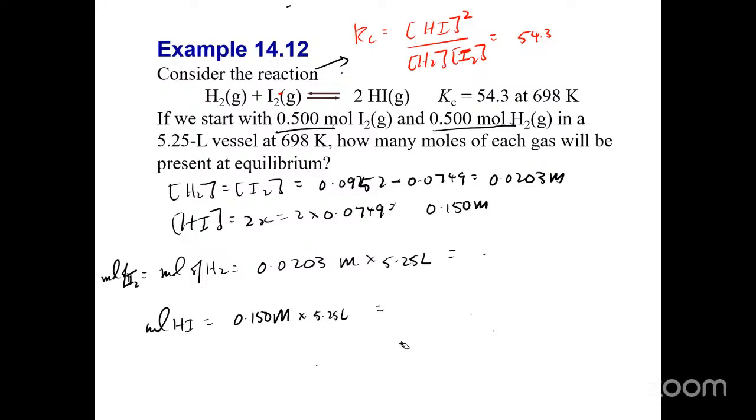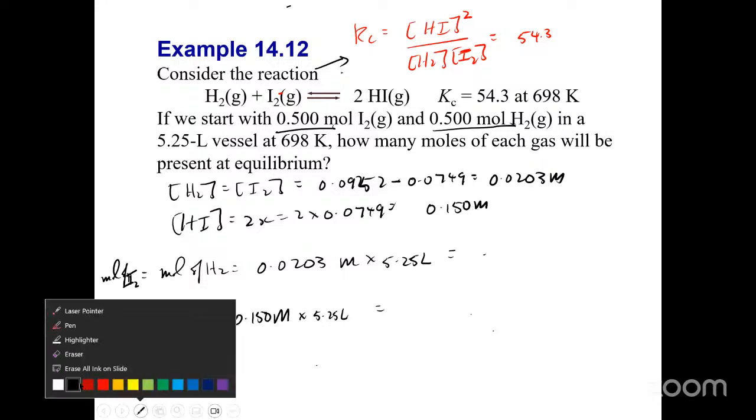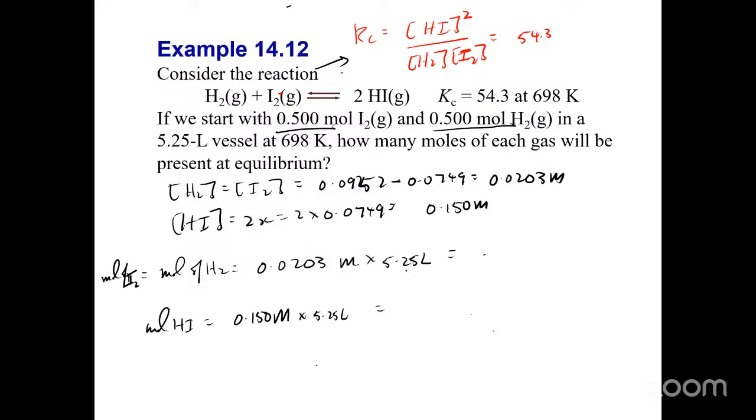Okay, so 0.0203 times 5.25. Here I got 0.107 moles.